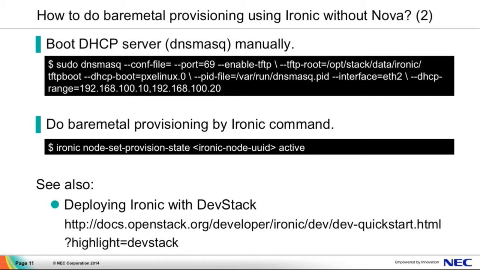But we do bare metal provisioning without Nova, so dnsmasq cannot talk with Nova, right? So we need to kill the dnsmasq process and boot another dnsmasq process manually.